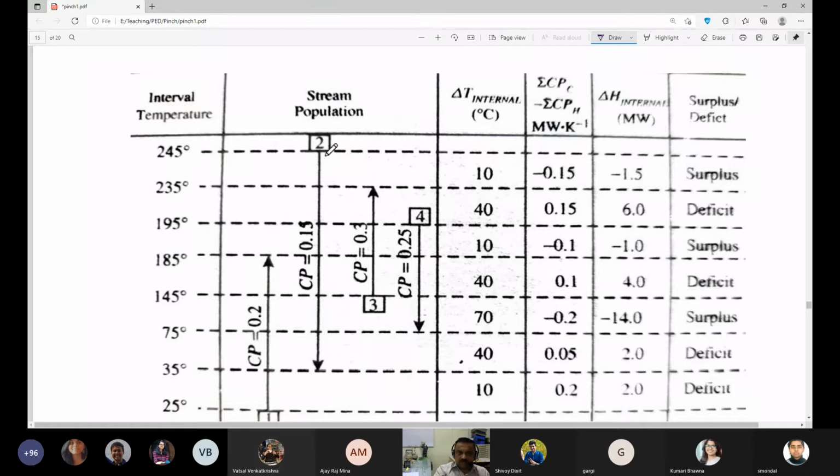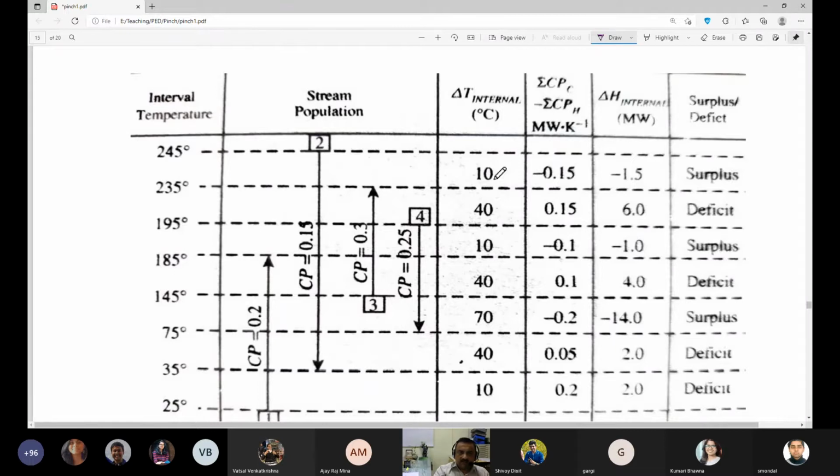Okay. And these are the 4 streams that we are looking at with their corresponding CP values given. The stream populations are given. And then we note the interval delta T. So the delta T between these two values, 245 to 235, 235 to 195, and those differences are tabulated here. Okay.